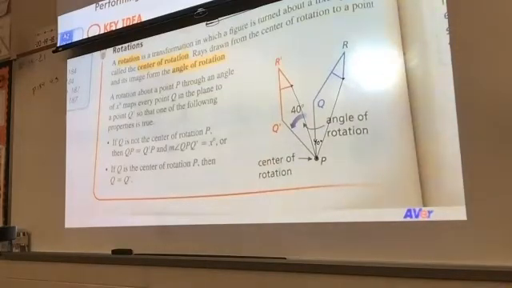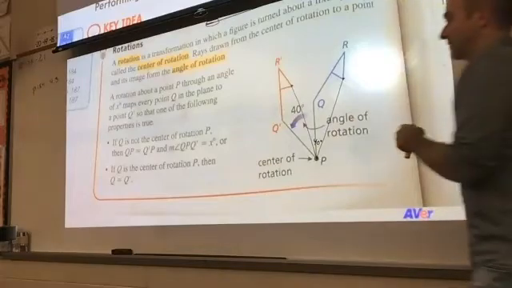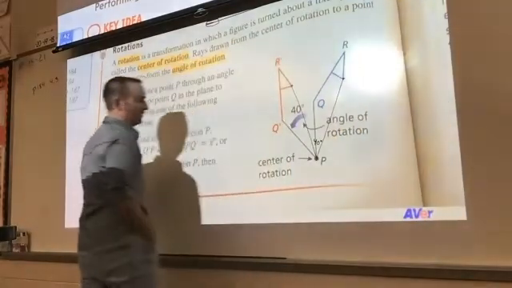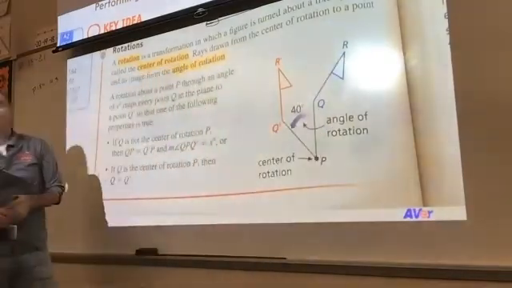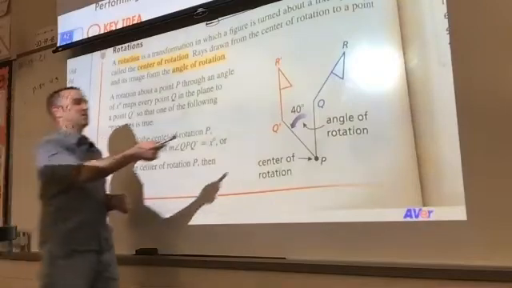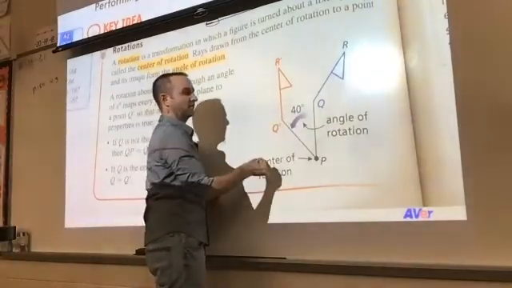So the big thing to talk about when we talk about angle of rotation is that it's always going to be counterclockwise. Okay, rotation is always going to be counterclockwise unless they specifically tell us otherwise. Counterclockwise, of course, for those of you that don't actually look at clocks that have hands anymore, means we are going this direction.